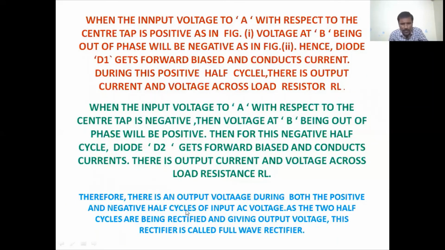Therefore, there is an output voltage during both the positive and negative half cycles of the input AC voltage.